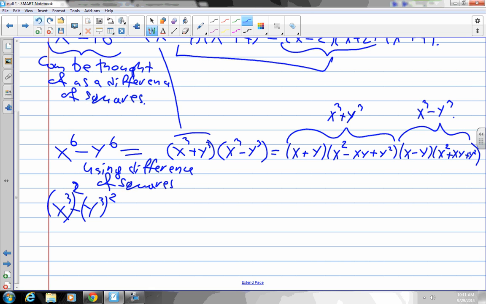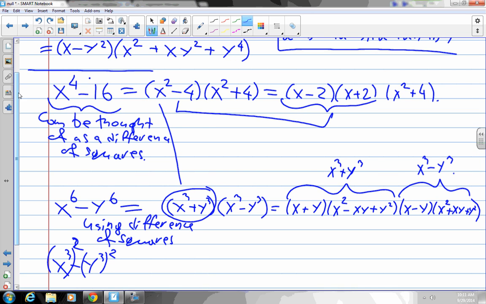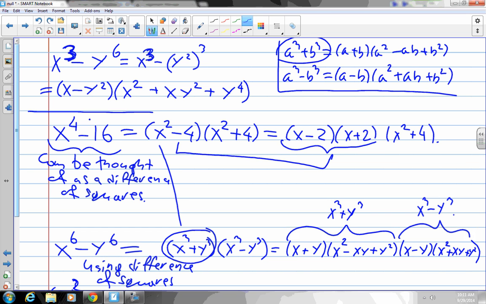So again, I'm just looking at this, right? And I'm just comparing it with that, right? x cubed, y cubed, a cubed, b cubed. So I just need to replace every a with an x and every b with a y, and I'm done. This formula does all the work for me.